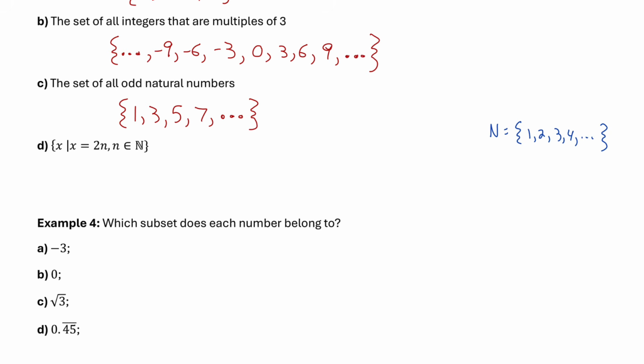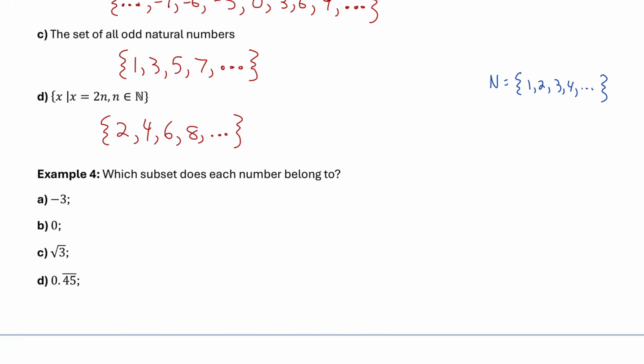So I need to do 2 times each of these values to get the numbers in my new set. Well, 2 times 1 is 2. 2 times 2 is 4. 2 times 3 is 6. And so on. And what you can see we're generating here is just the even natural numbers. And that set would continue forever.